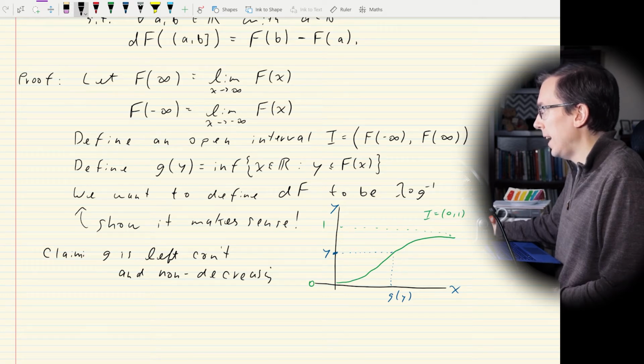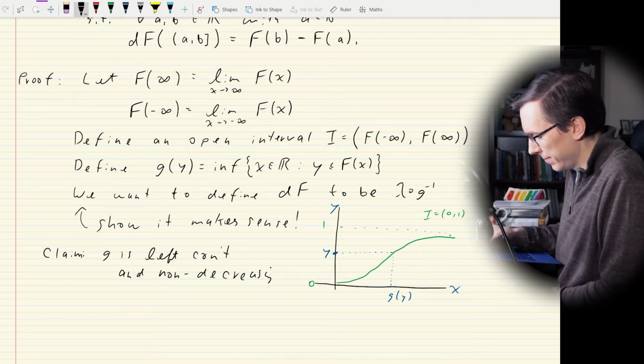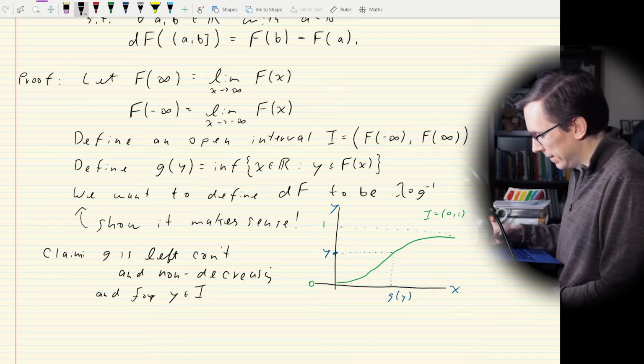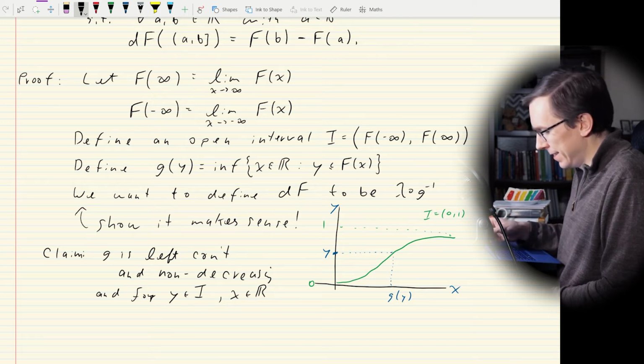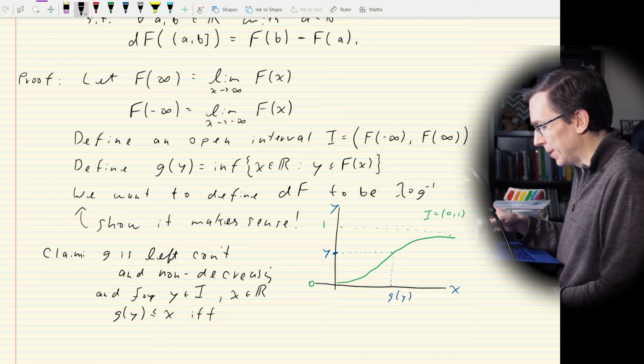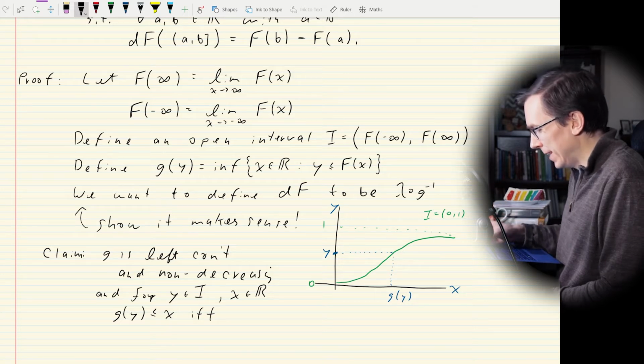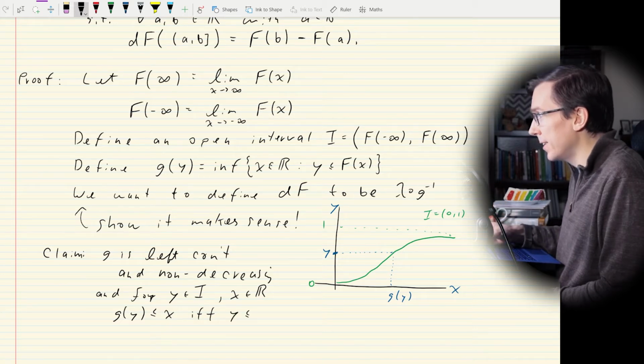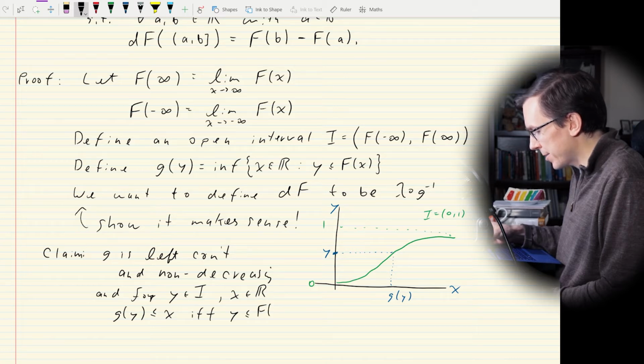And for y in this interval I, x in R, we have that G of y is less than or equal to x if and only if, double if with two f's, y is less than or equal to f of x.